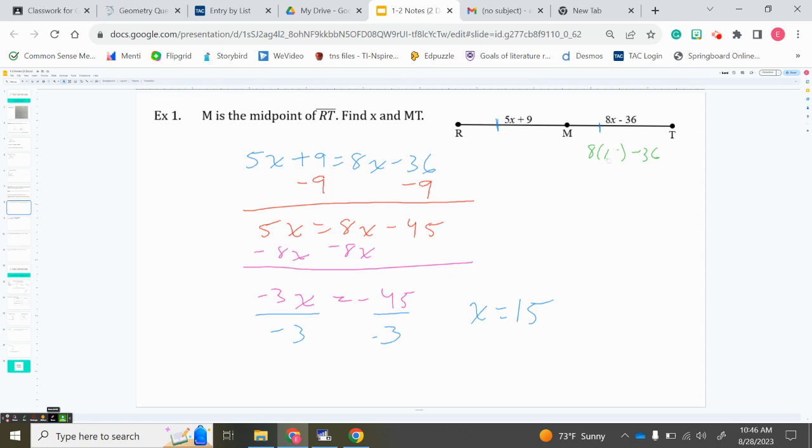Eight times 15 minus 36. Yep, 84. So we got MT, and we have x equals 15. Those are the two things they wanted us to solve for.